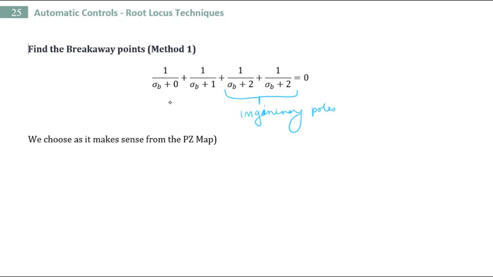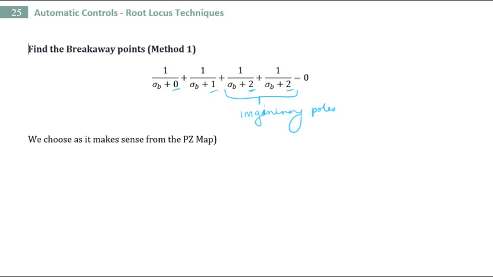So remember, when we do the breakaway points, we're looking for a value that's on the real axis. So we don't worry about the imaginary parts of those two poles. We just worry about the real parts. So we have a pole at 0, -1, -2, and -2 from the vantage point of the real axis.